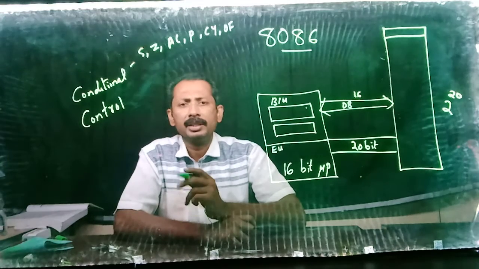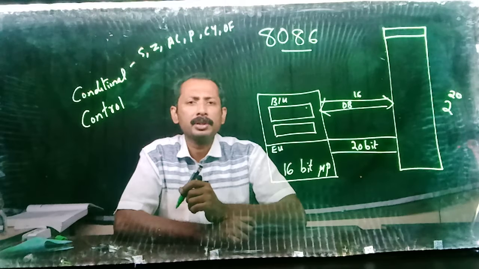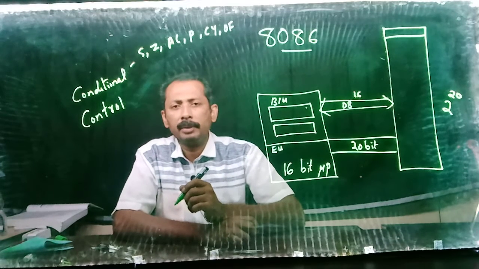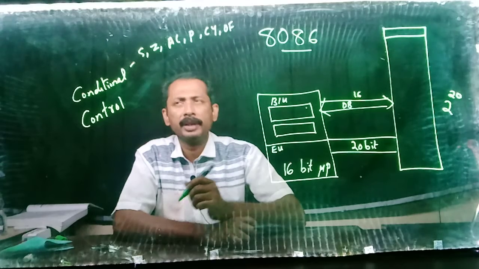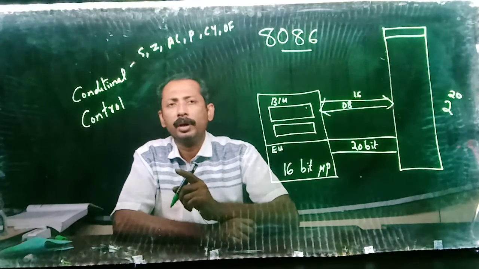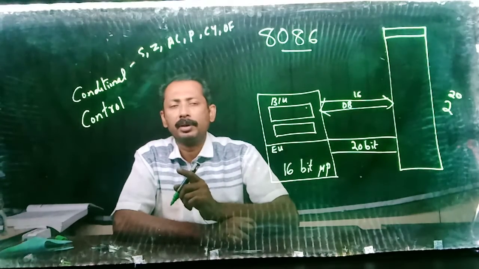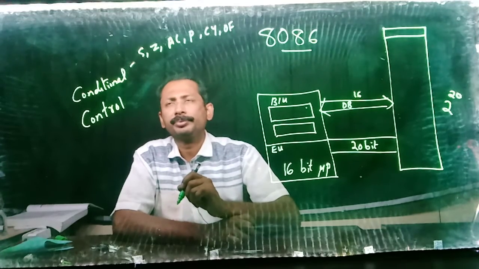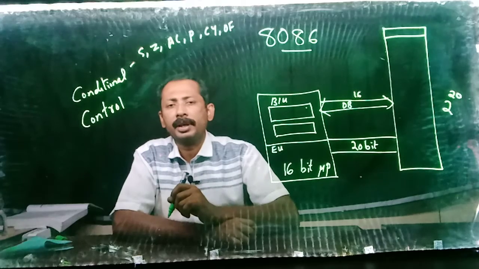The sign flag indicates the sign of the number stored in the accumulator. If the MSB is 1, it means that the number is negative, and so the sign flag will be 1 to indicate that it is a negative number. So depending on the number stored in the accumulator, the sign flag becomes set or reset.